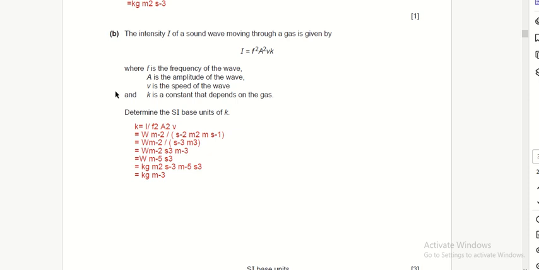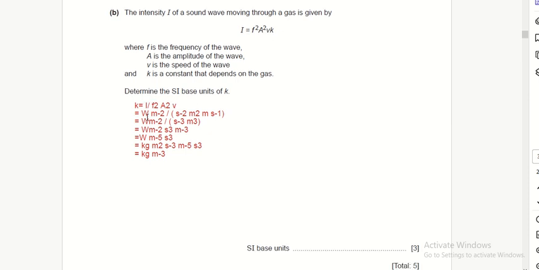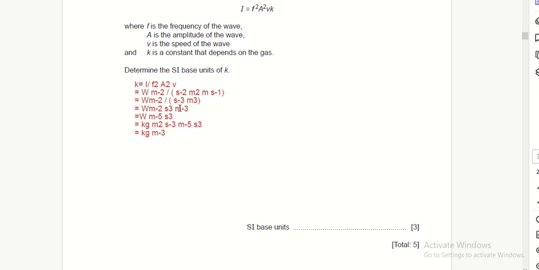Intensity of sound. Determine the unit of K. So we will rearrange first, having K on this side, and on the other side I over f squared A squared v.